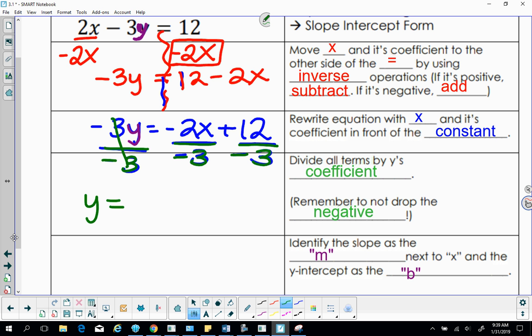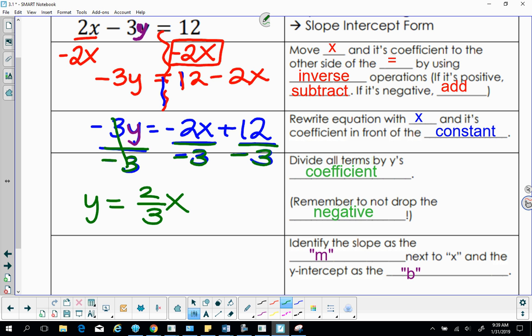What do you guys end up getting when you put it in your calculator? What's the answer? Yeah, don't forget both negatives. So what is negative 2 over negative 3? What did you guys get? 2 over 3.